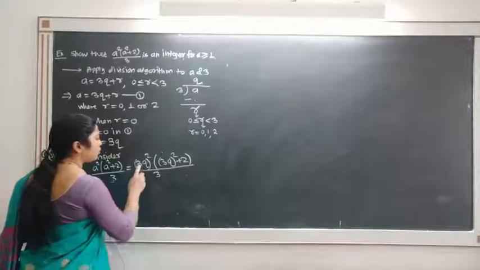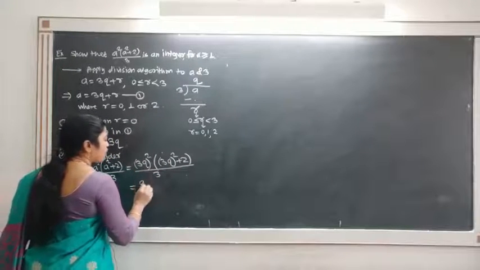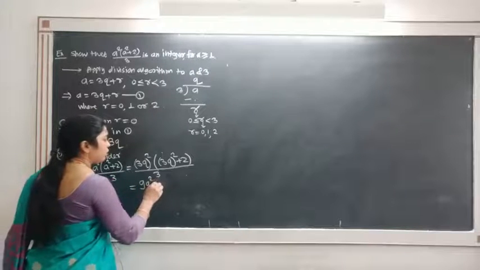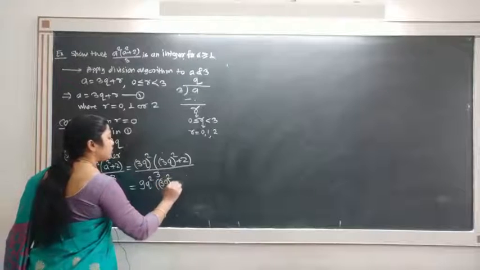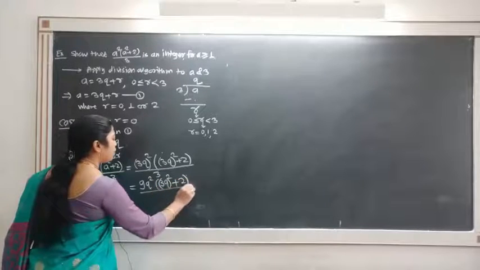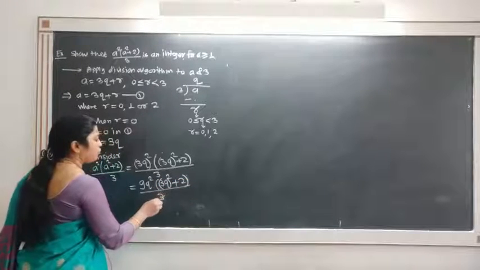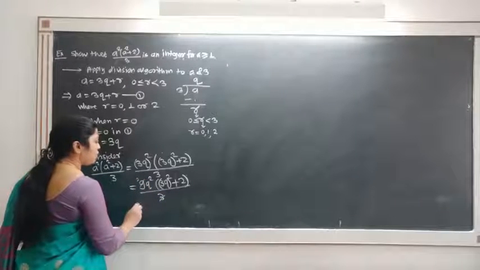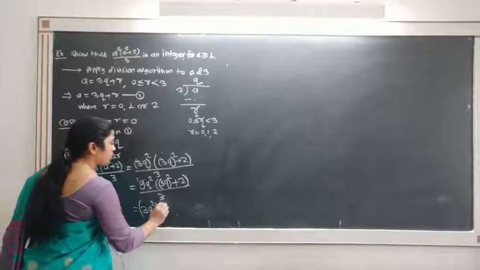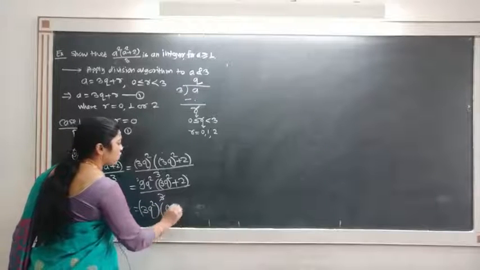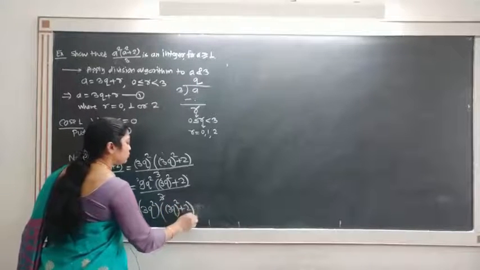This is nothing but 9q square into bracket 3q square plus 2 divided by 3. If you cancel the 3, we get 3q square into bracket 3q square plus 2.